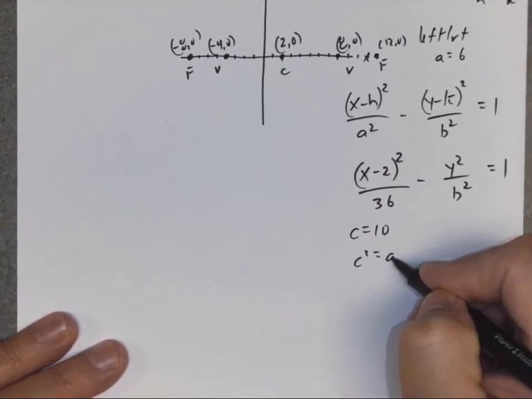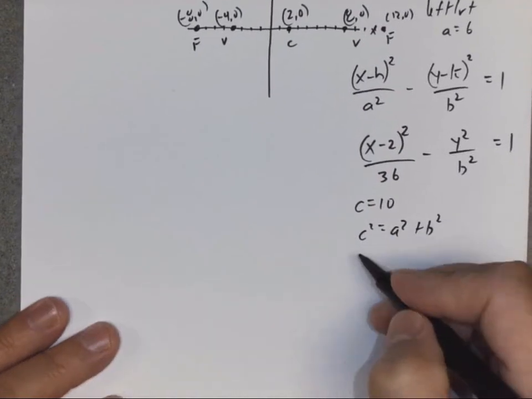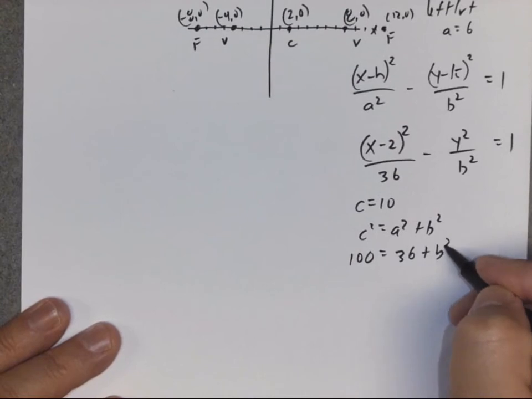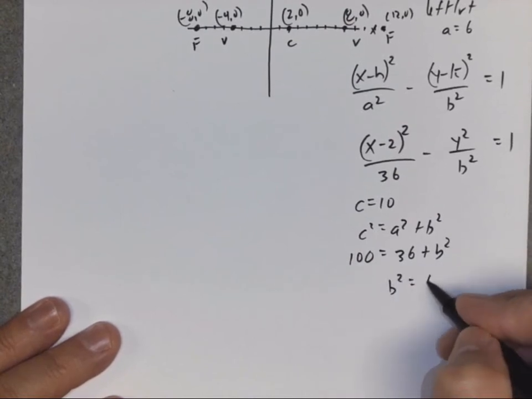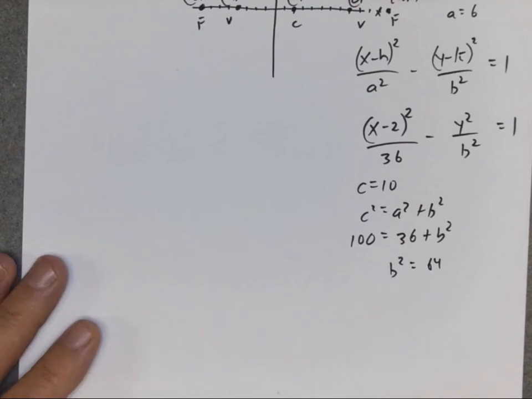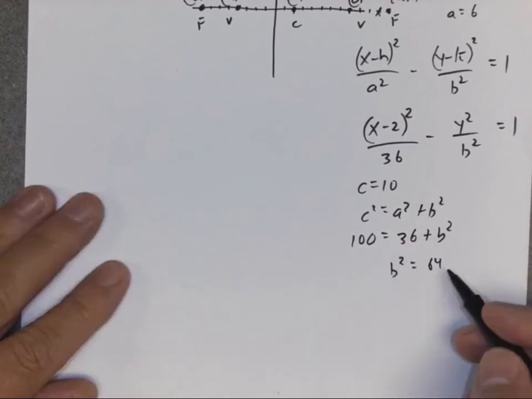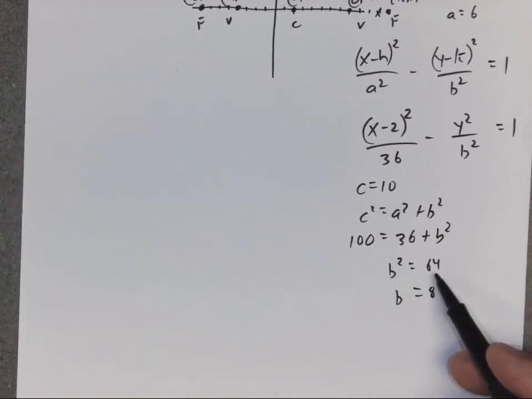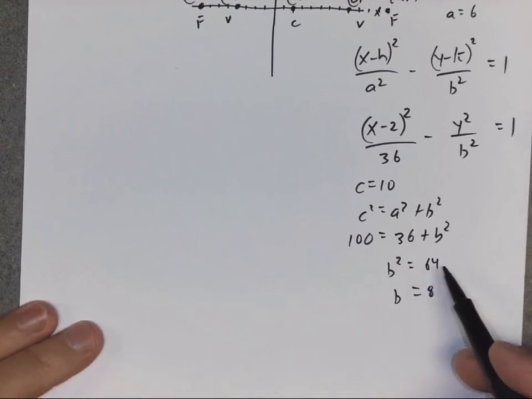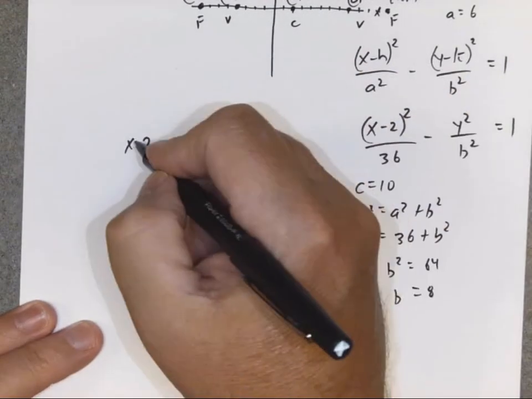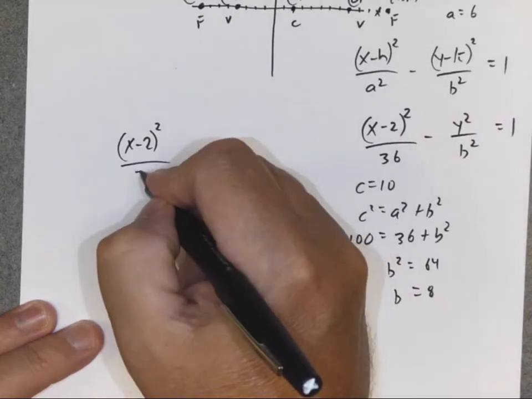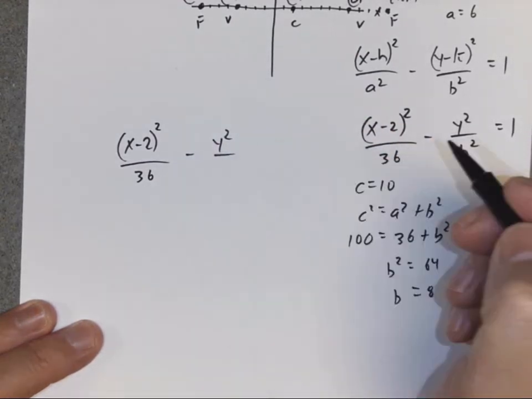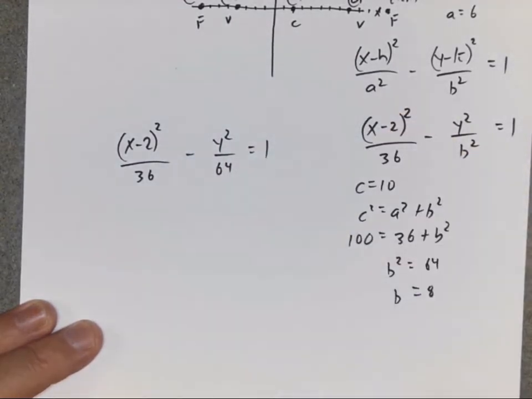And I know c squared equals a squared plus b squared. So c squared is 100, a squared is 36. So b squared, 100 minus 36 is 64. So b must be 8, or I guess the key is b squared is 64. That's what I really need. So my final equation for this hyperbola, there you go.